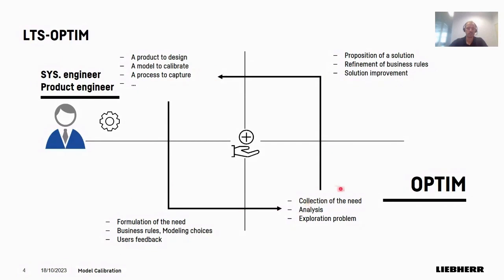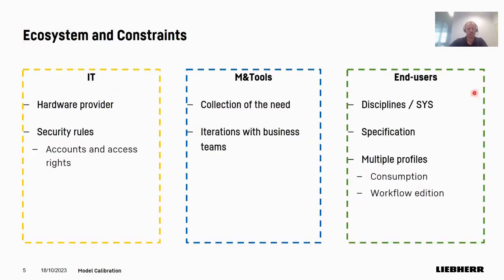It becomes more and more obvious to us that we need a new method and new tools to ease that iterative process, which can only bring improvement and better performance. So to summarize, we have mainly two actors.